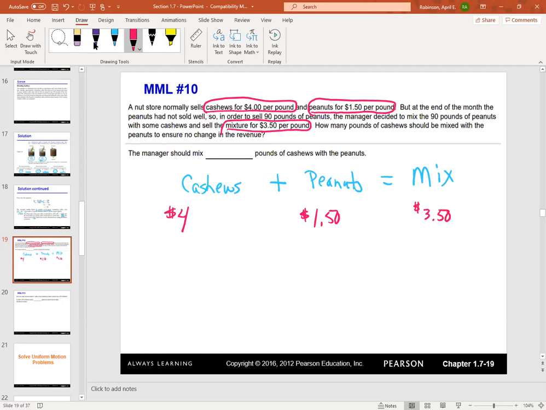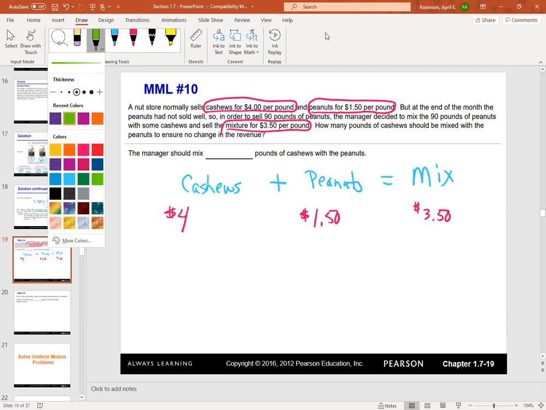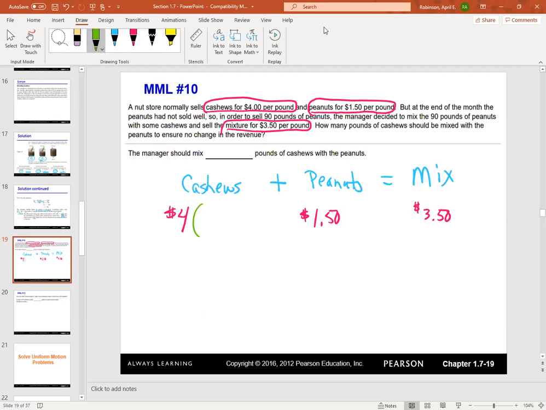Now, I got to go back in here and find how many pounds of cashews. They don't tell me that. They do tell me the peanuts. In order to sell 90 pounds of peanuts, so 90 goes right here.